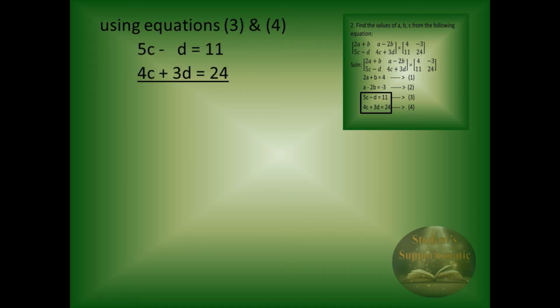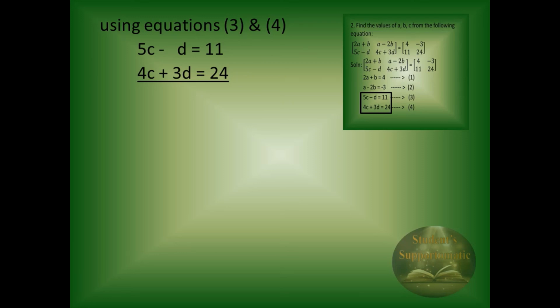Similarly, next we will consider equations 3 and 4. Using equations 3 and 4, we will solve and get the values for c and d in the same way. So 5c minus d is equal to 11, and 4c plus 3d is equal to 24.